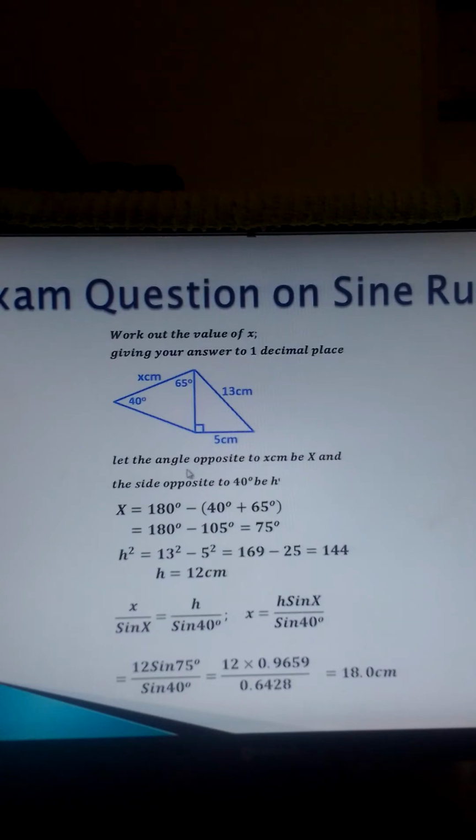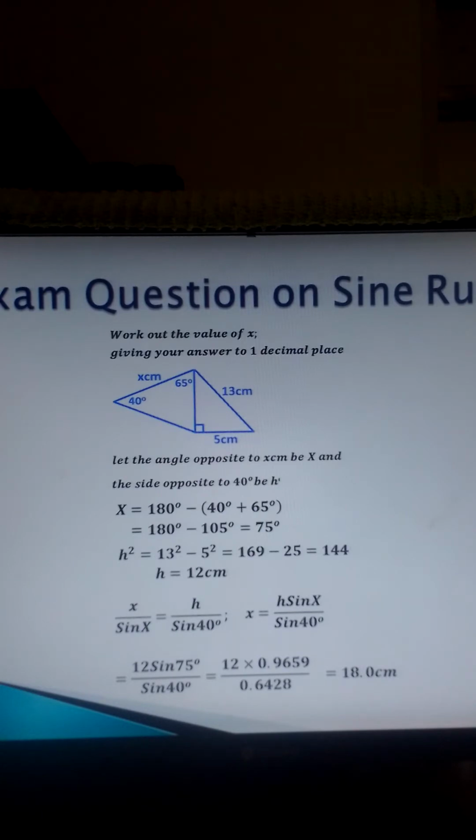Now we can find this angle X because we know that the sum of the angles in a triangle is 180 degrees. So X is equal to 180 degrees subtract the sum of these two angles. We get 180 minus 105, which is 75 degrees. So the value of this angle X is 75 degrees.